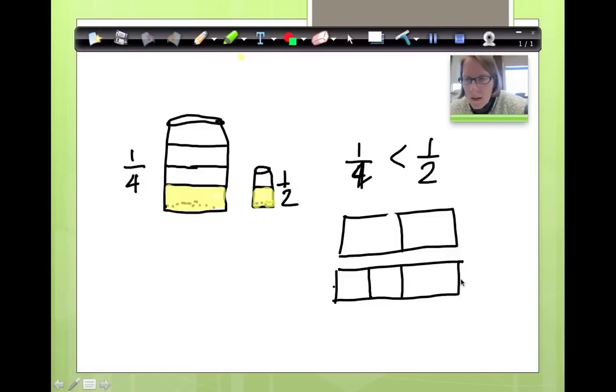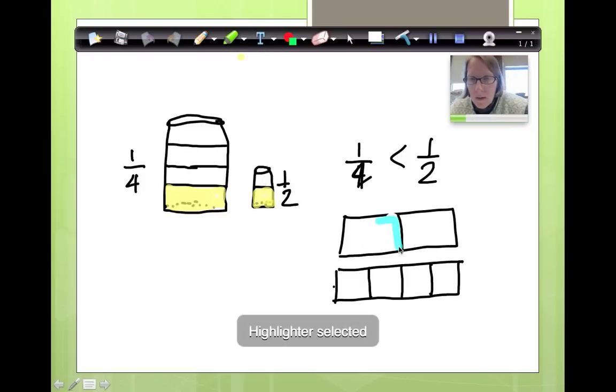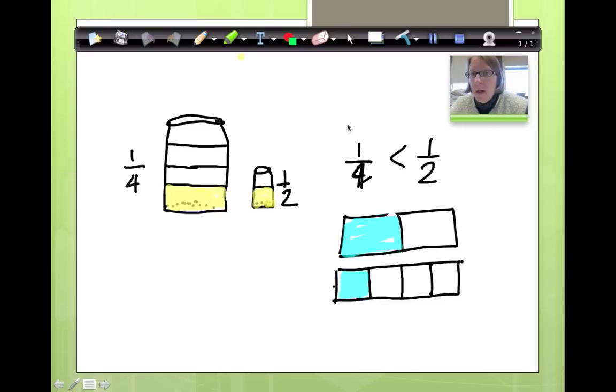This in half, this half in half. That gives me 4 pieces. Now, look at this. This is definitely the larger part, and this is definitely the smaller part. So that would make this true. But look at my strips. They're pretty close to the same size. They are not different sizes like this.